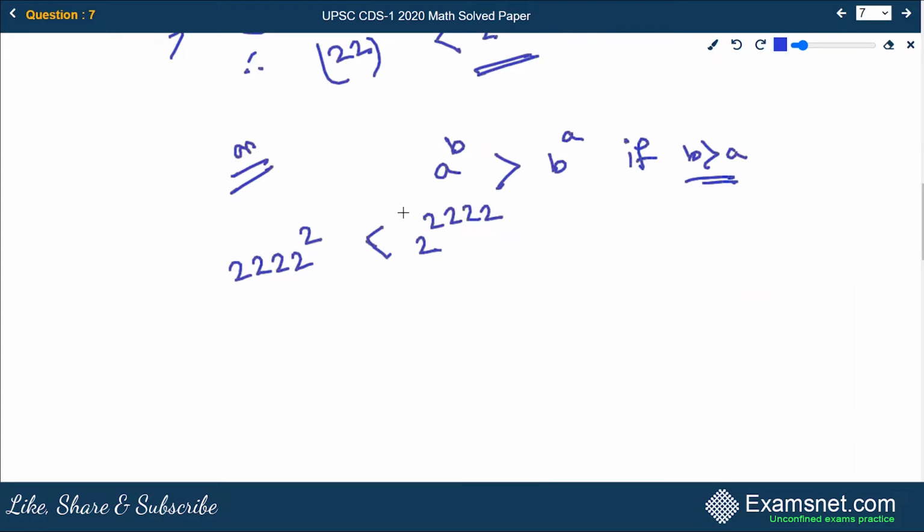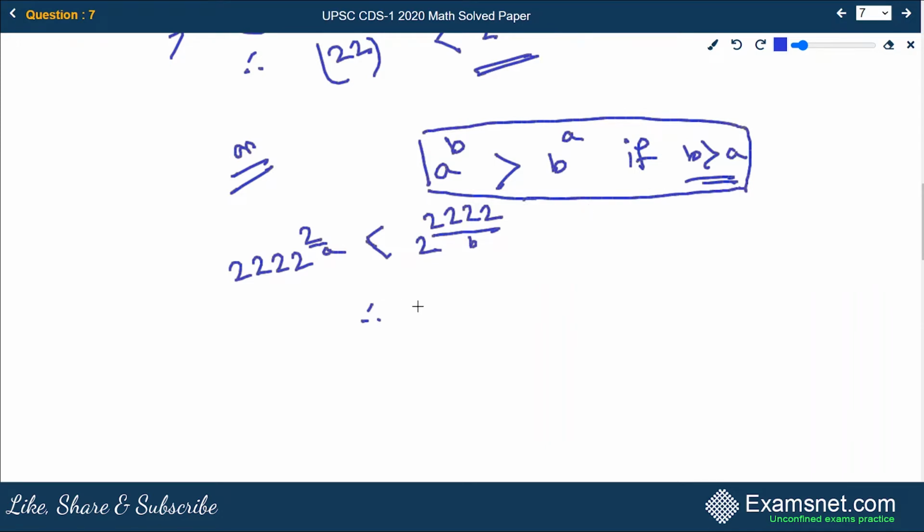Here, if I say this is b and this one is a, so b is greater than a, so a to the power b is greater than b to the power a. This way also we can solve it. So please remember this trick. So the largest number is 2 to the power 2222.